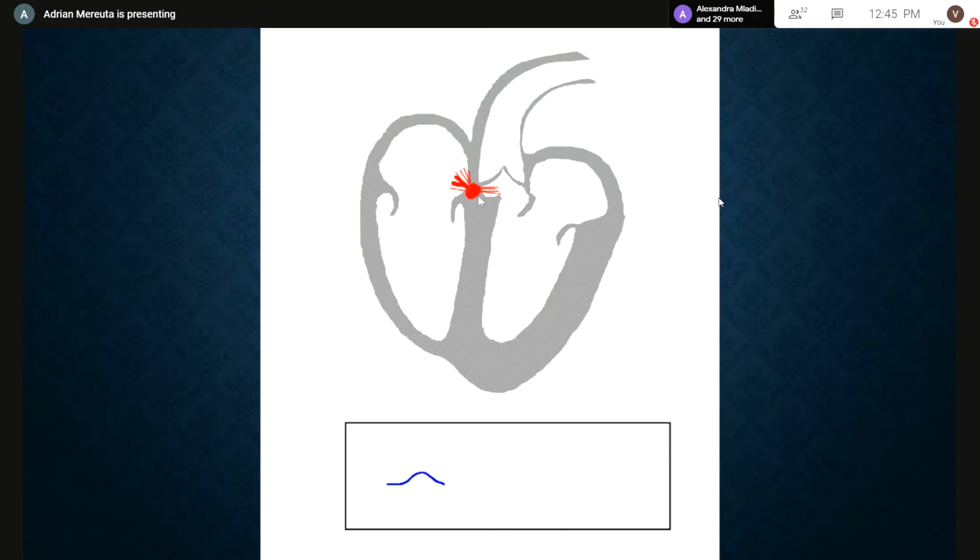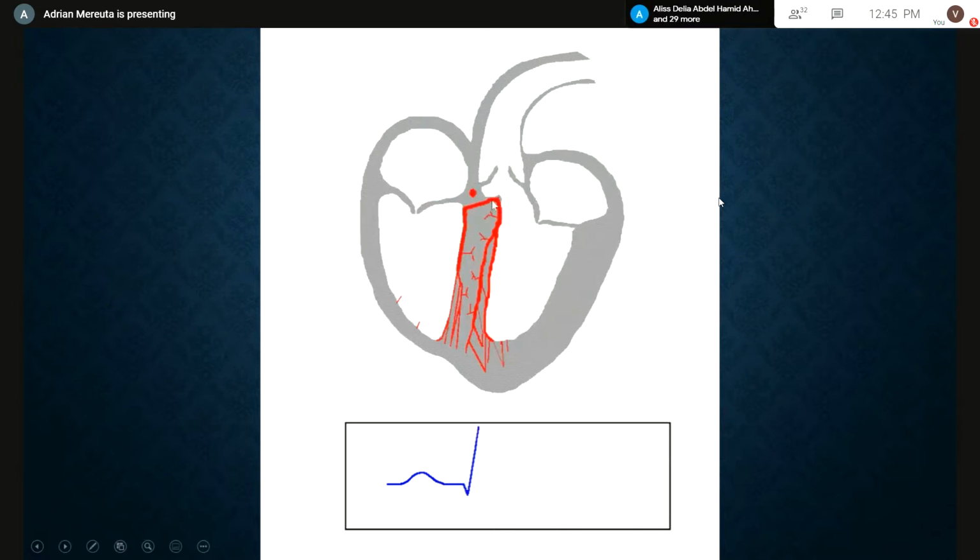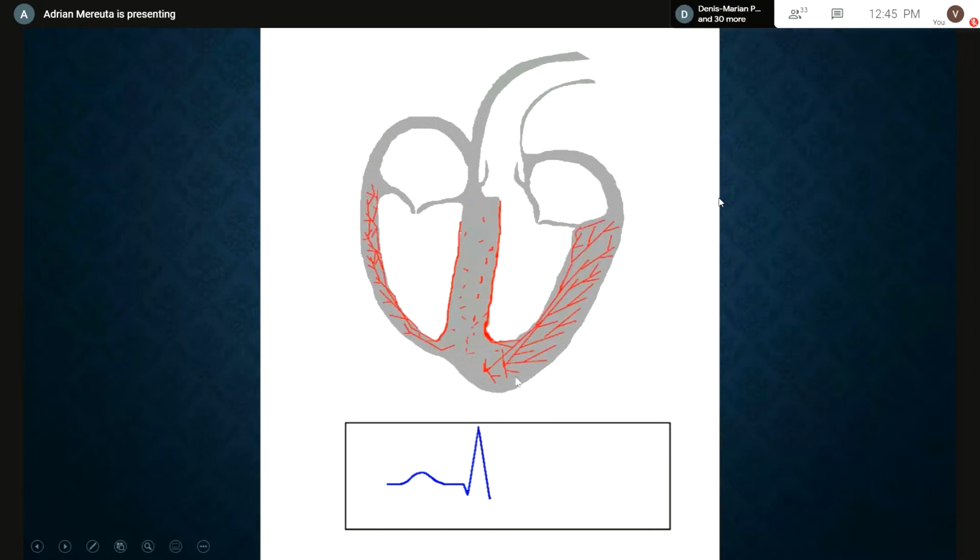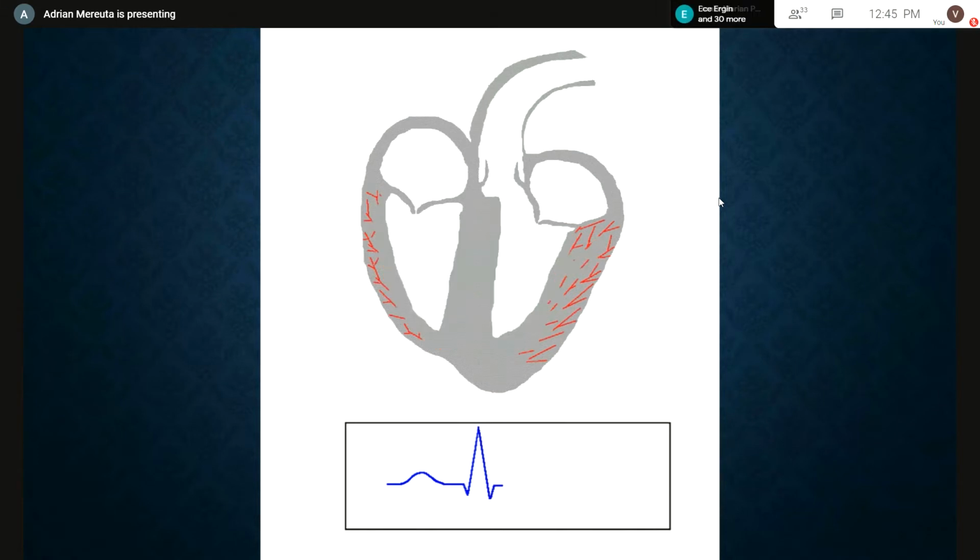And from here, it starts to go first in the septum, and the septal activity is seen on the ECG as a small Q wave, that you can see normally in lateral leads. After that, it spreads in all the ventricle and the QRS complex is completed.